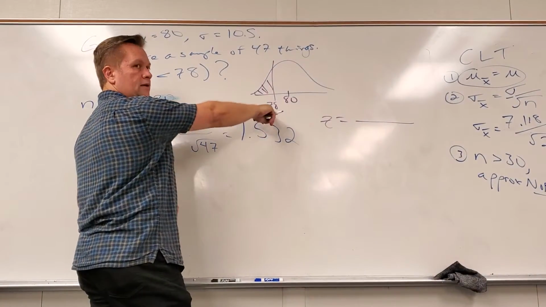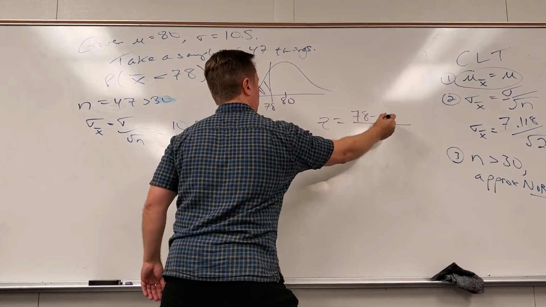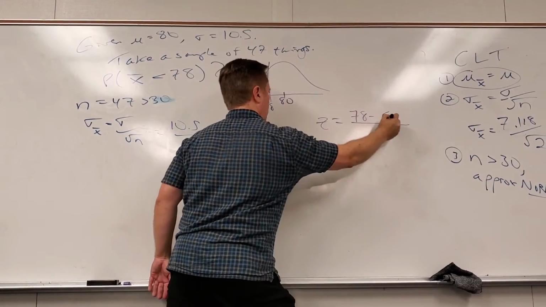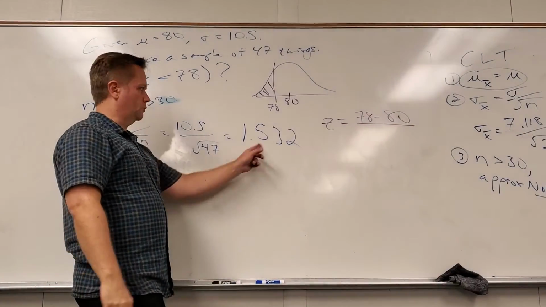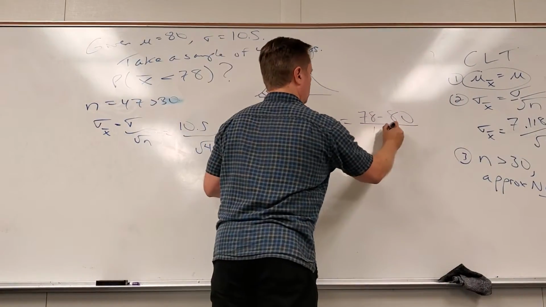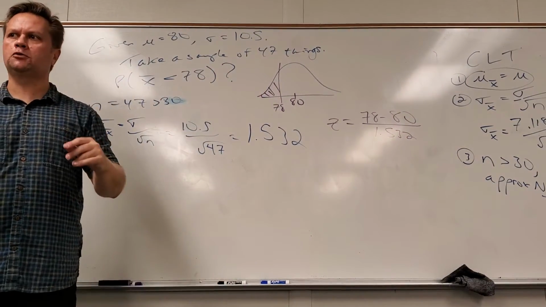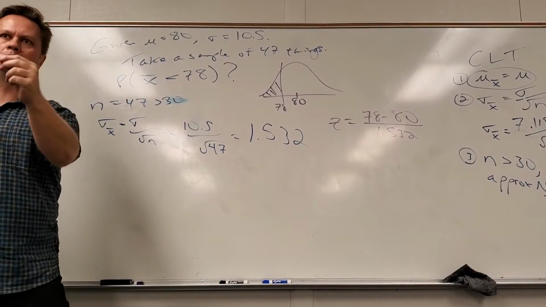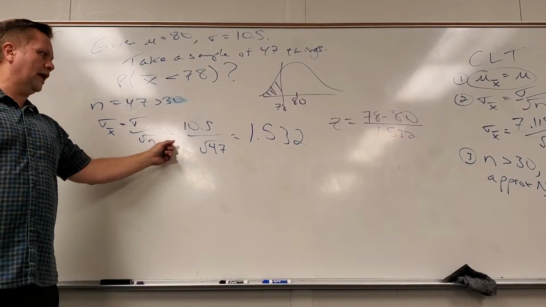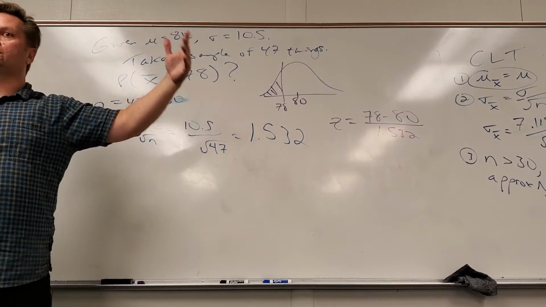I want to make a z-score out of 78, so it'll be x minus 80 divided by 1.532. I can't use this number because that's how spread out individuals are, and the question is not about an individual, it's about a group. So I need to create the number that represents the spread of all the groups.